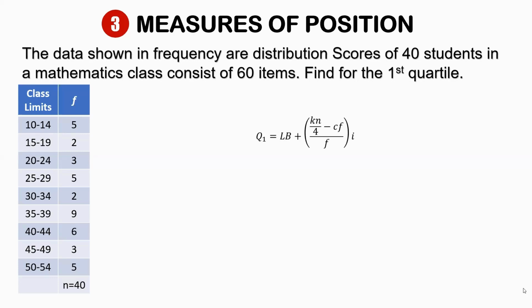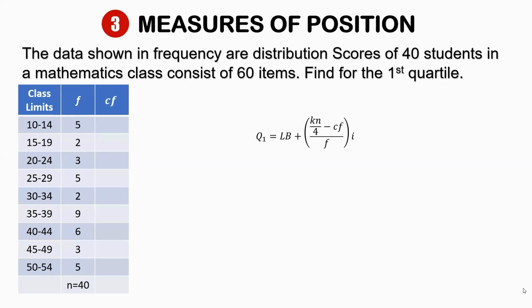First, because we need the cumulative frequency in our given data set, let us take a look at how we are going to find it. For completing this table, on the first row let us copy the frequency of our first row, which is 5. To find the next cumulative frequency, just add the next frequency.